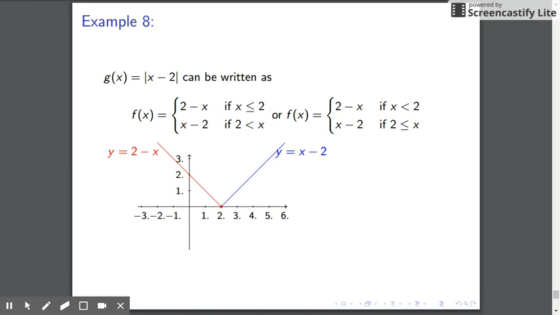So I can put it into two pieces. If x is less than or equal to 2, x minus 2 is going to be negative. So g of x is going to be the negative of x minus 2. That's actually 2 minus x. When x is bigger than 2, it's just going to be x minus 2.